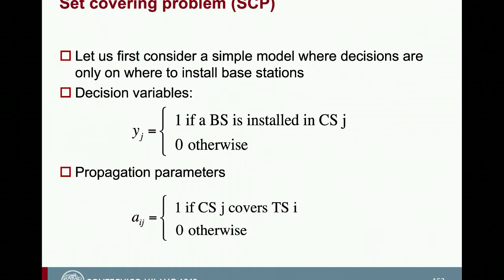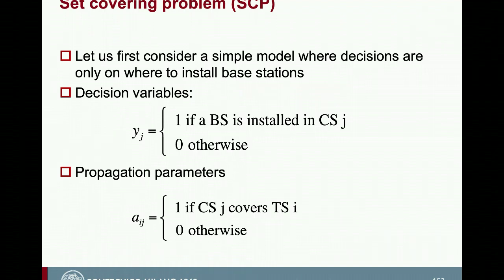So the first very simple optimization model that can be used for our problem is the set covering problem. In this problem, the decision variables are yj, which are equal to 1 if a base station is installed in candidate site j and 0 otherwise.